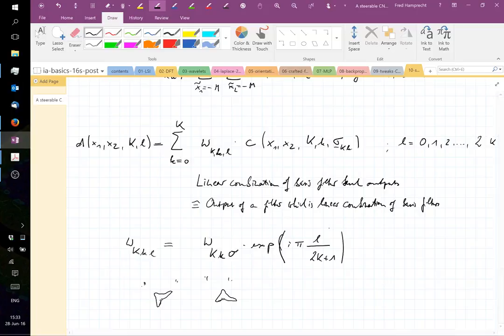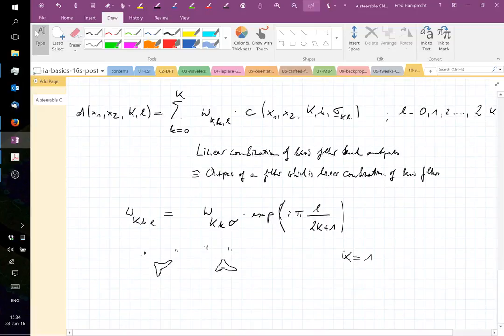And now, by the way, if you put K equals 1, then I only get 4 distinct orientations, and in this case I get this matrix here.